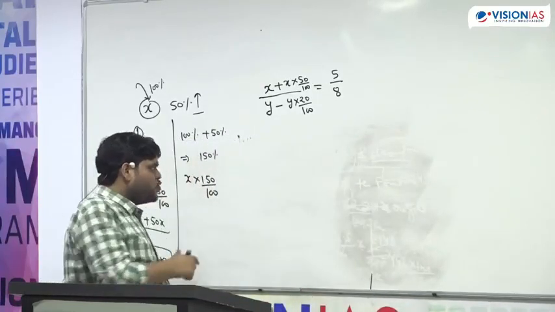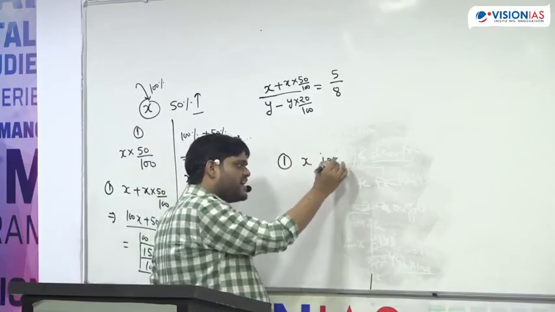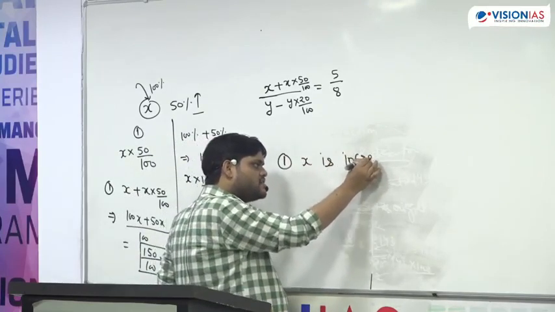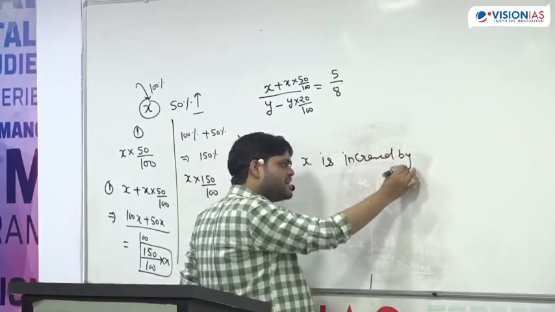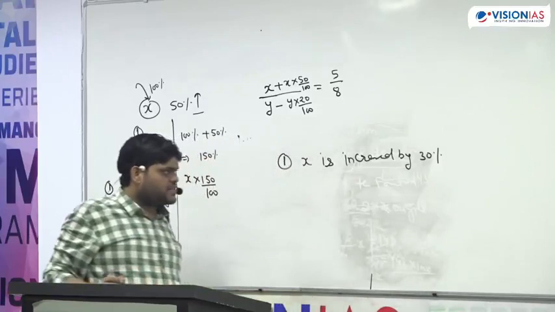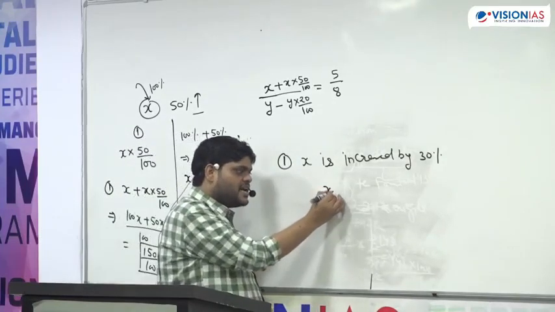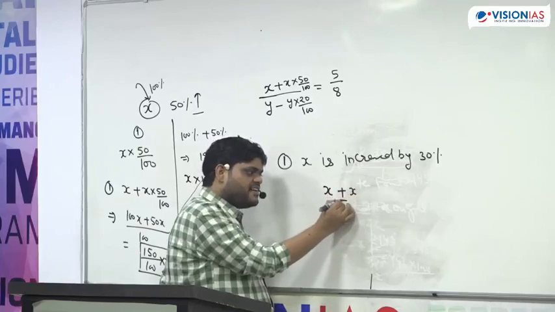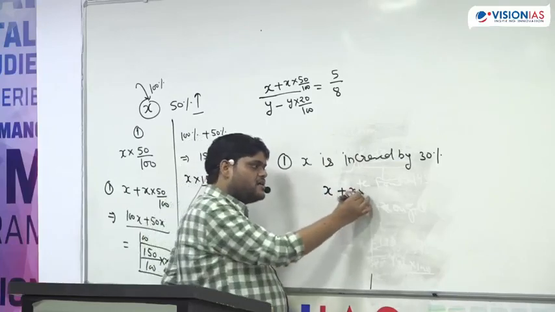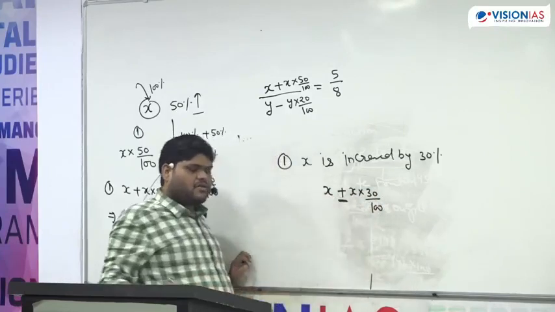Okay, let's do something here. Suppose we write x is increased by 30%. What is the meaning of this? When x is increased by 30%, simply we will say increase means addition. How much addition? 30% of x.